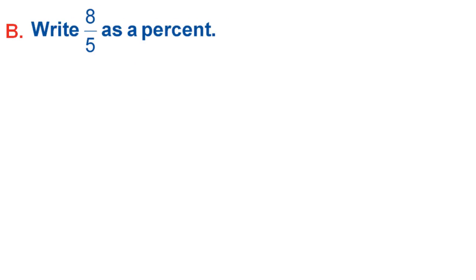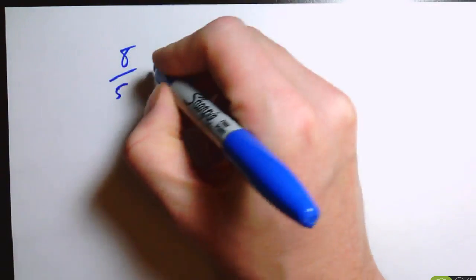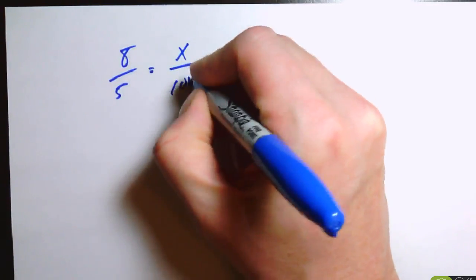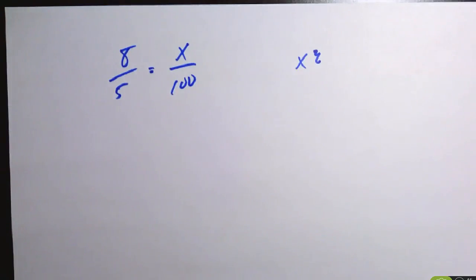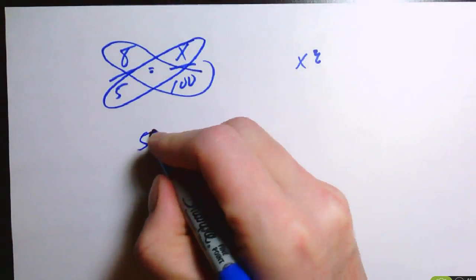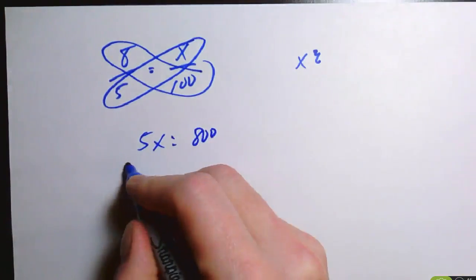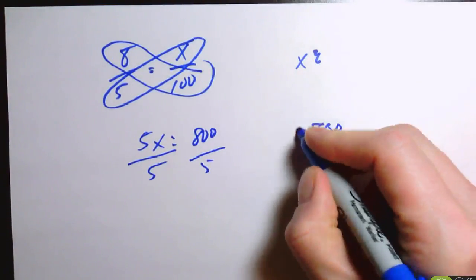All right, next example, 8 out of 5. This is always a classic one because someone will say, that's too big, 8's bigger than 5. That's true, but that's okay. We can have numbers bigger on top than on the bottom. So again, 8 over 5 is x over 100. Cross multiply: 5x equals 800. Divide by 5. I'll do this one with long division, even though I could probably sort it out in my head.